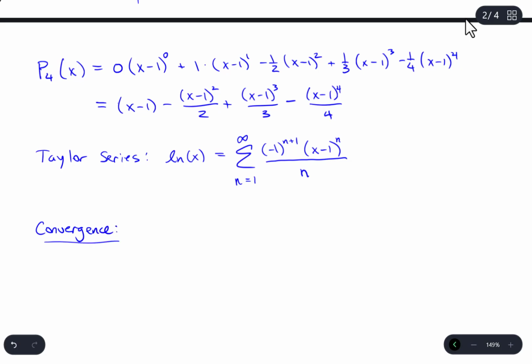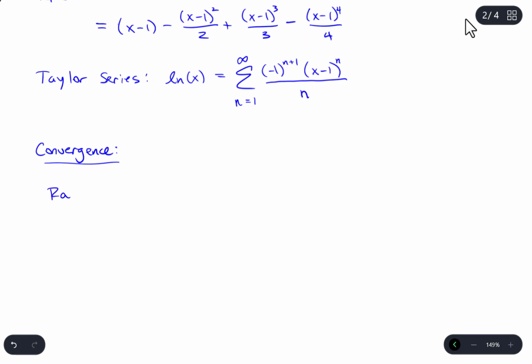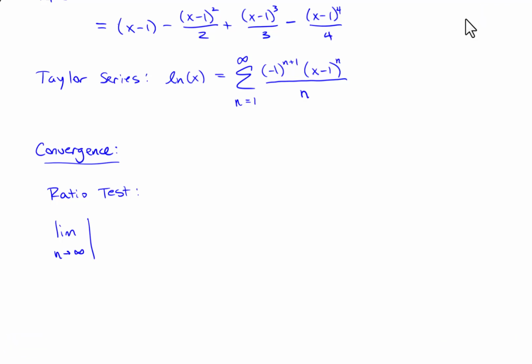So when it comes to convergence, we of course want to use the ratio test. The ratio test, we do a limit as n goes to infinity for the nth term here. So we're doing absolute value, so the alternating term goes away.